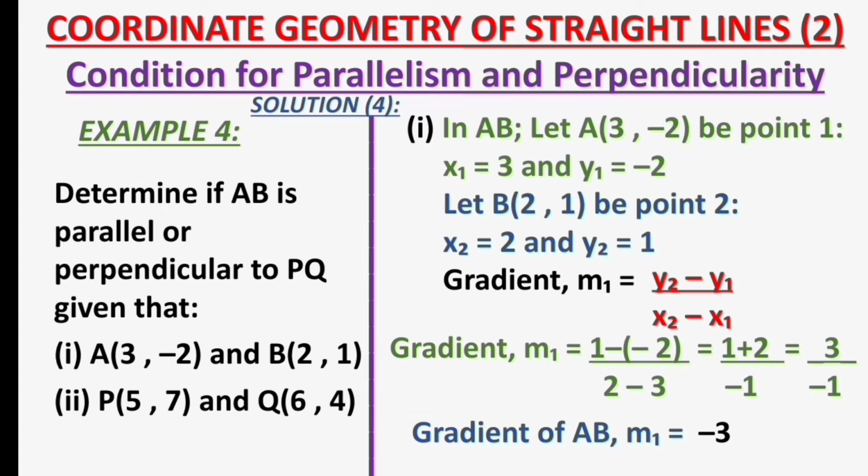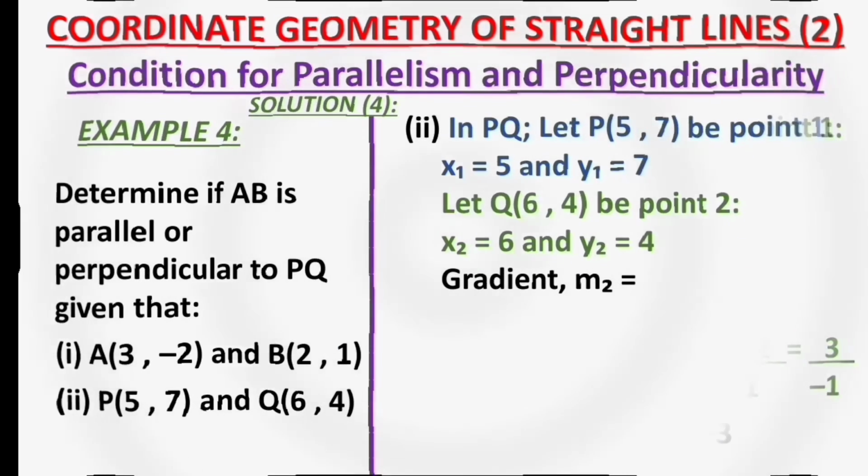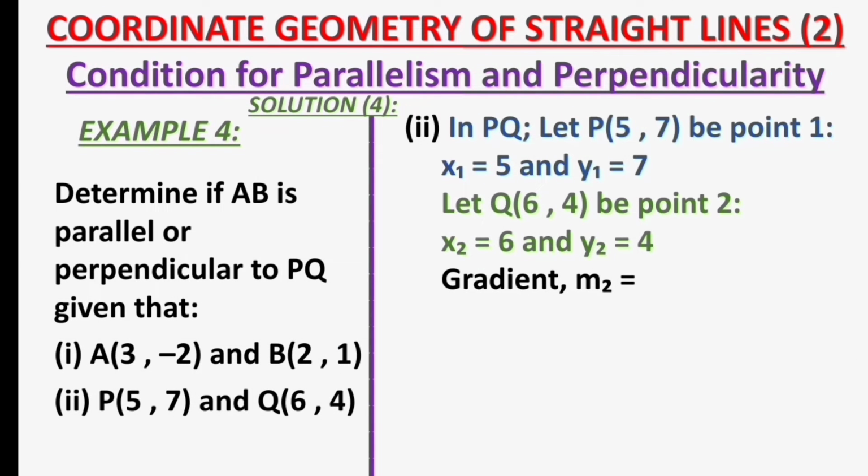Next, let's calculate the gradient of line PQ. In line PQ, let point P be our point 1. That means x1 is equal to 5 and y1 is equal to 7. Also, let point Q be our point 2. That means x2 is equal to 6 and y2 is equal to 4. Once again, what's the formula for the gradient of a straight line joining the points x1, y1 and x2, y2? Let's see.